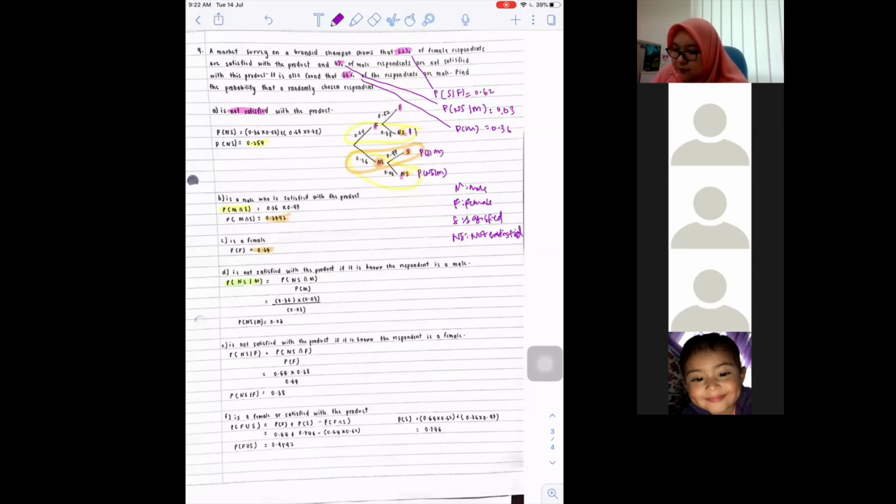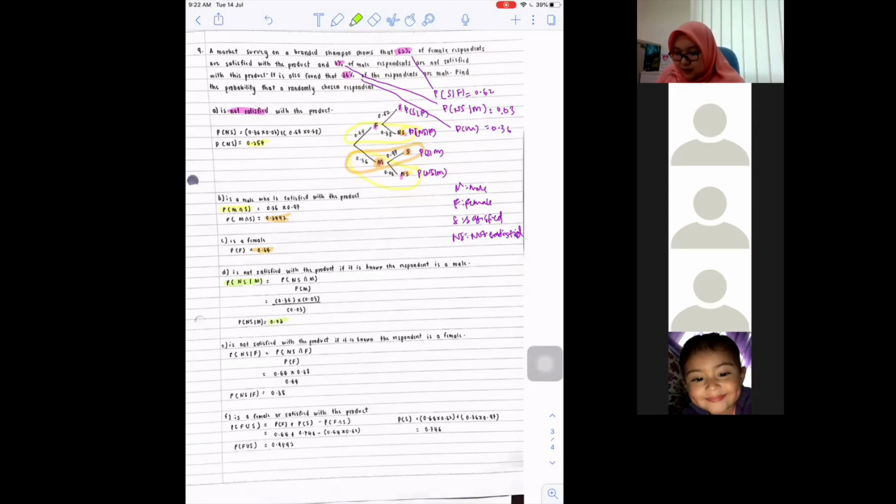Not satisfied given female, satisfied given female. And S' given M is just straightforward, 0.03.